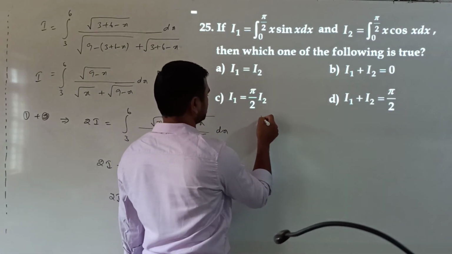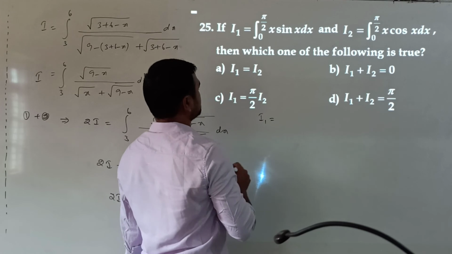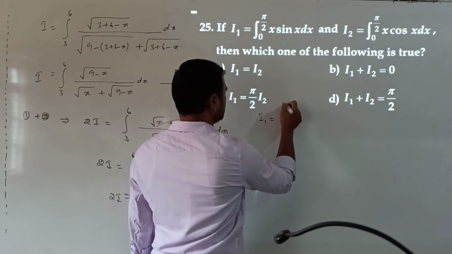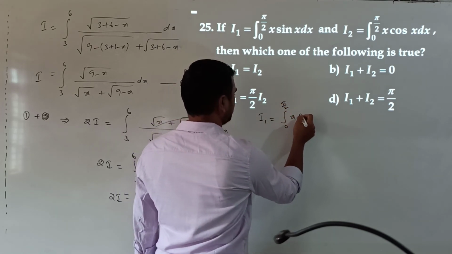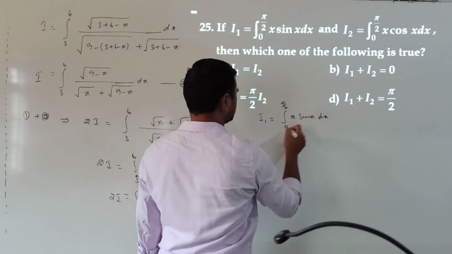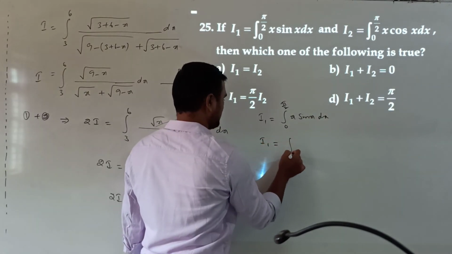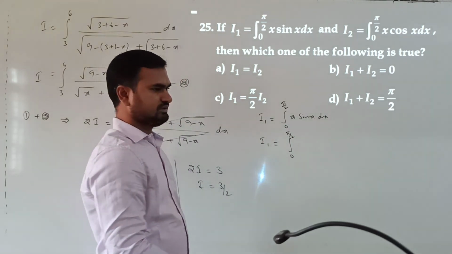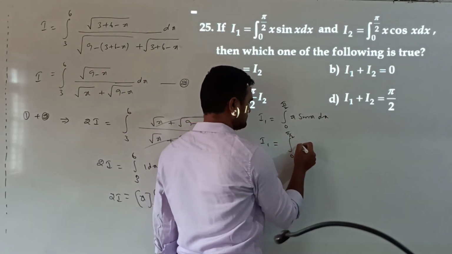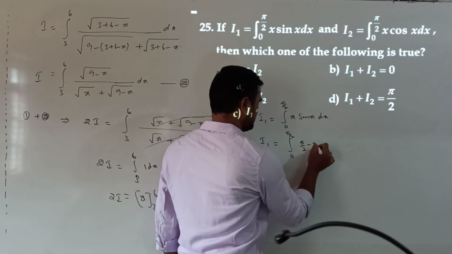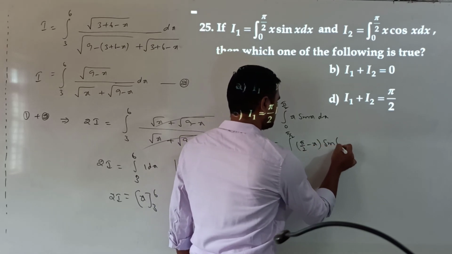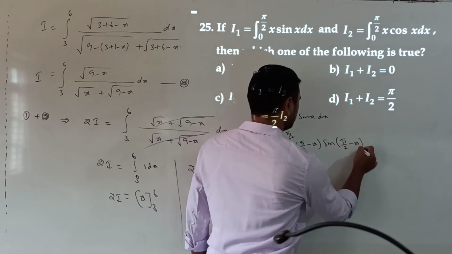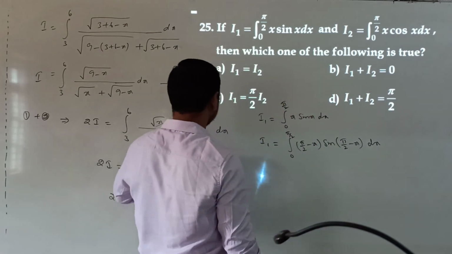So here I1 is integral 0 to pi by 2 of x sin x dx. Now apply the property of integral 0 to a. So the 0 to a property is a minus x: (pi by 2 minus x) into sin of (pi by 2 minus x) dx.